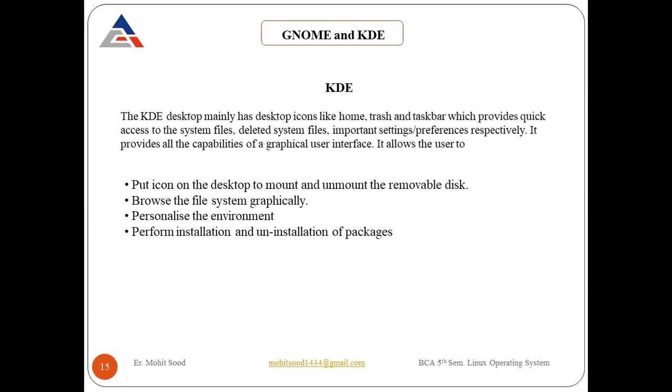KDE Plasma provides a unified environment for running and managing applications on desktops, notebooks, smartphones, and tablets. KDE applications such as KTorrent and KDE Partition Manager are built on top of KDE Frameworks.